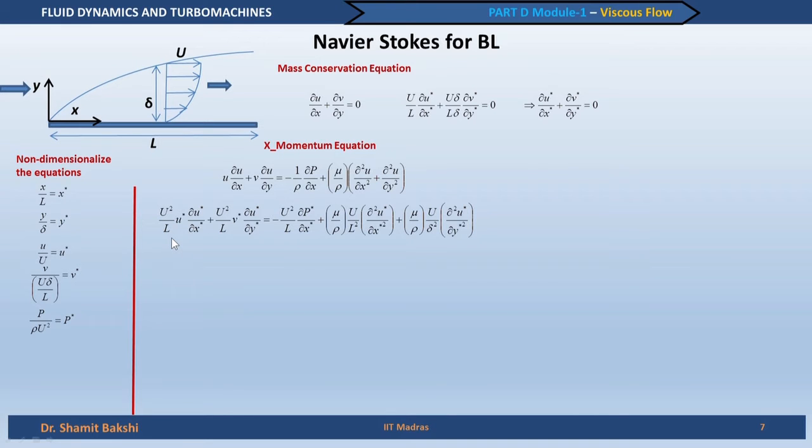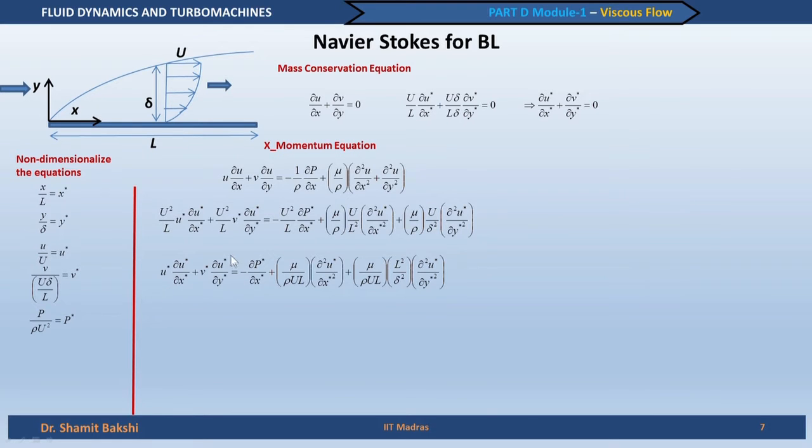Now, club these variables. One thing you can do before going ahead, if you look at this equation carefully, you have U square by L here, U square by L here as coefficient, and also here as coefficient. So, you can actually divide the left hand side and the right hand side of this equation with U square by L. If you do that, then what do you get?